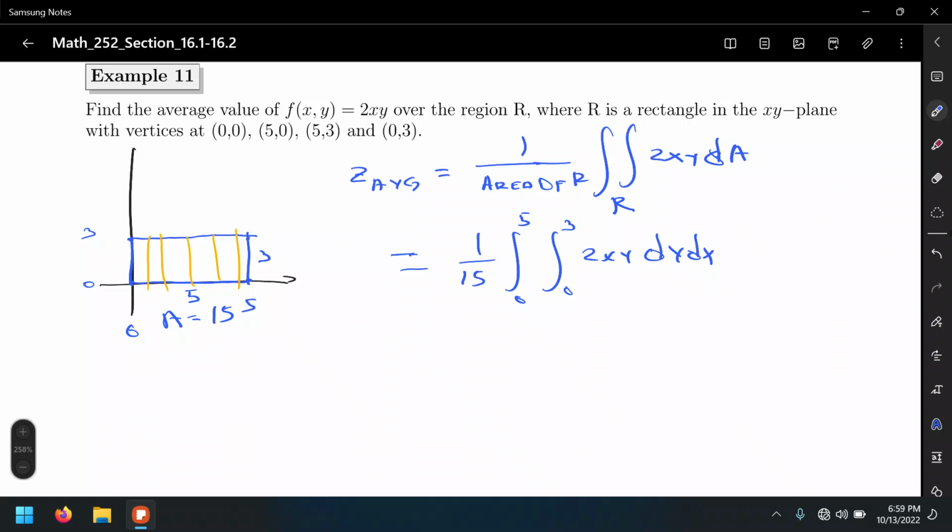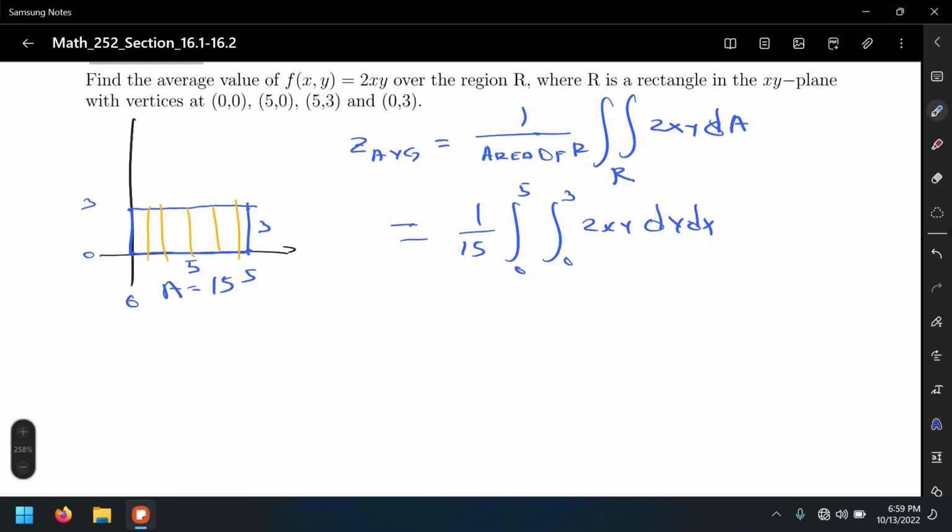Recall, we're going to do one integral at a time. So it's 1 over 15, the integral from 0 to 5, and the integral of xy with respect to y is xy squared, evaluated from 0 to 3. And don't forget the dx for the second iteration of the integration.